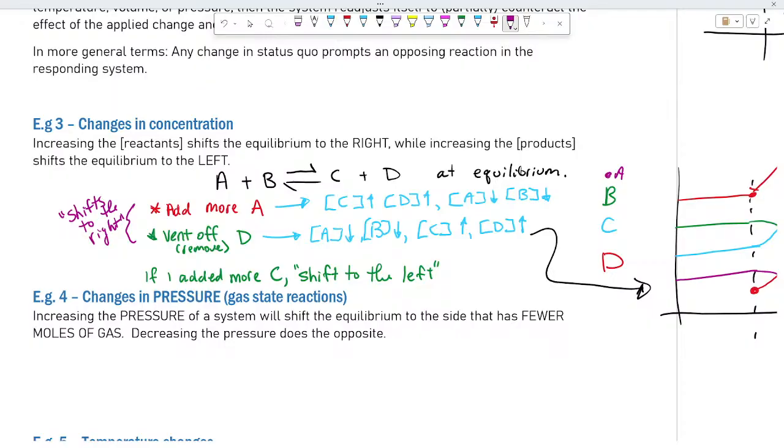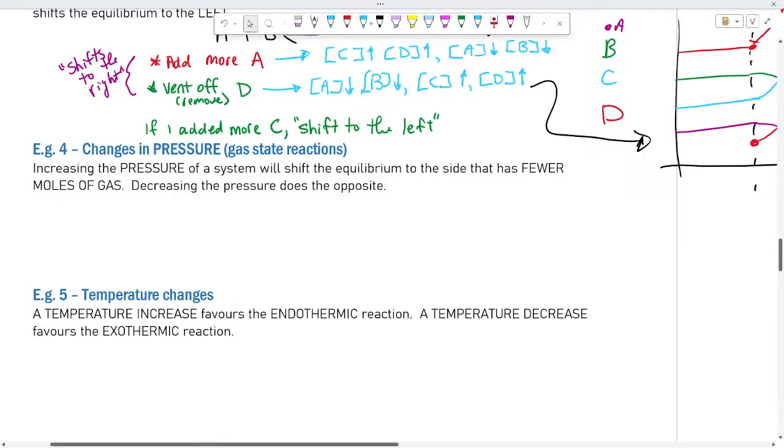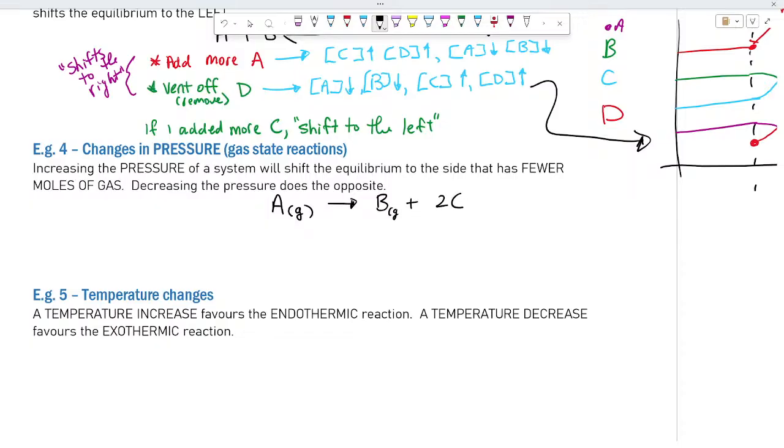Pressure. Yeah. So let's say we had some reaction here, and we had A, which is a gas, decomposing into B and two C's, both of which are gases. Does that make sense? Okay.